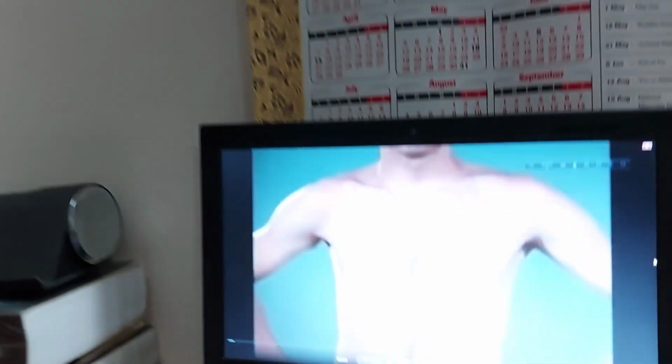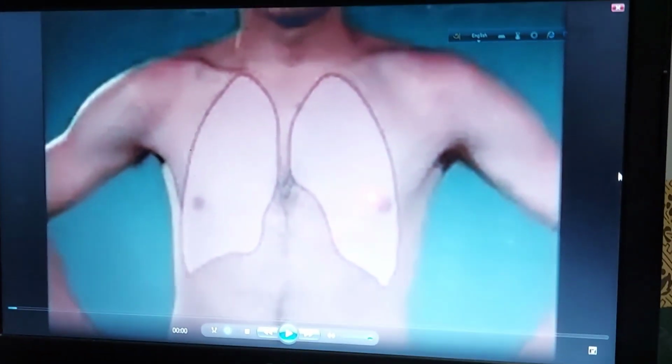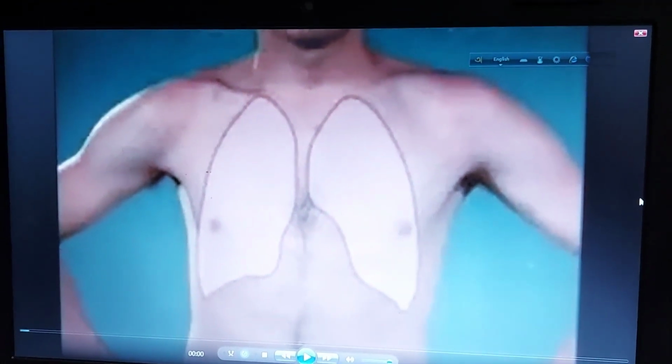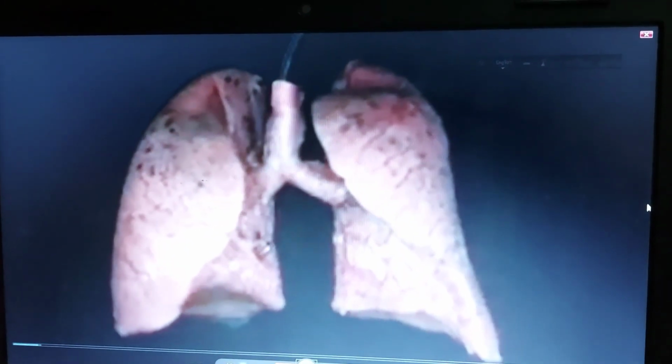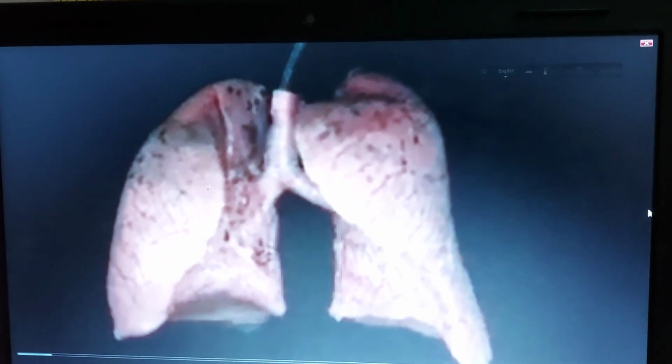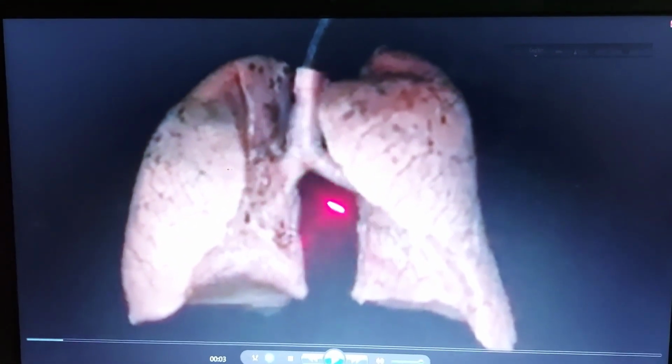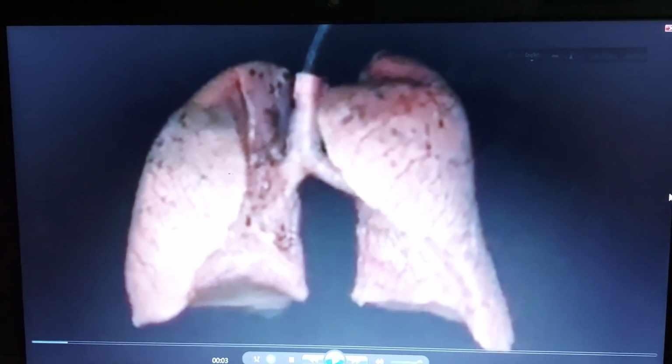The human body has two lungs, right lung and left lung, and these lungs have some features like surface, borders, and margin. These lungs are connected with each other through a trachea, and this trachea has two bronchi.